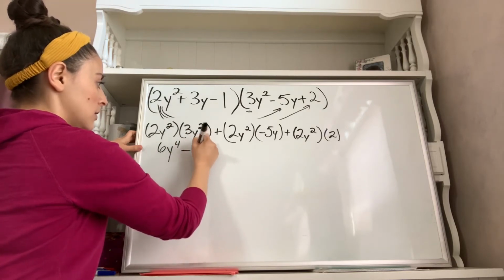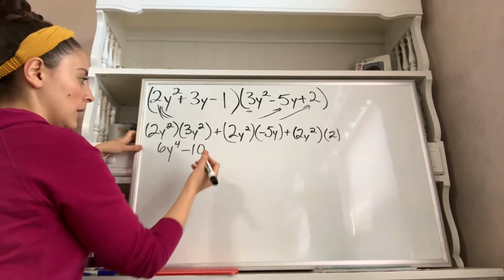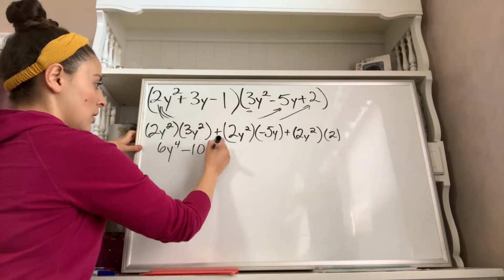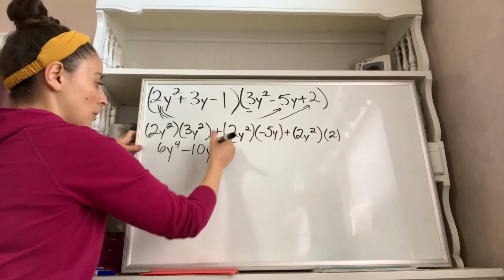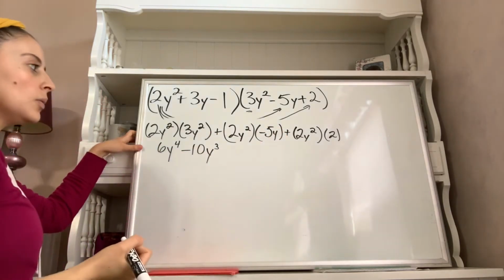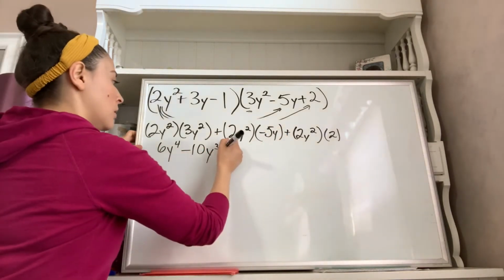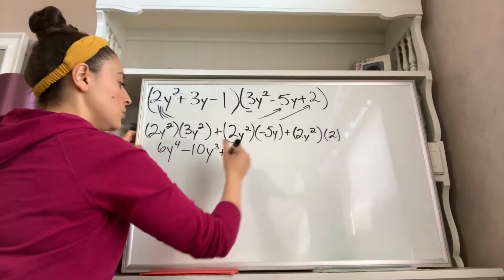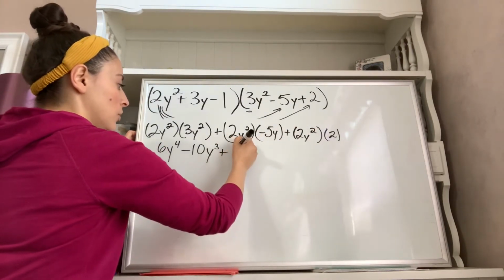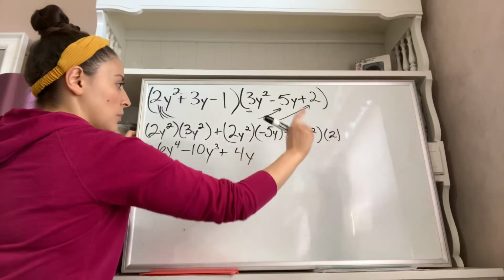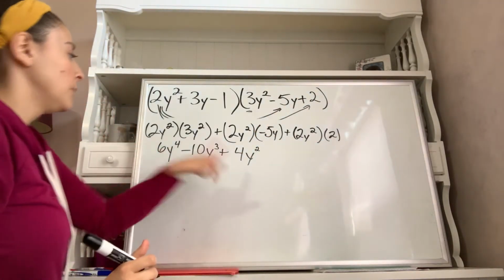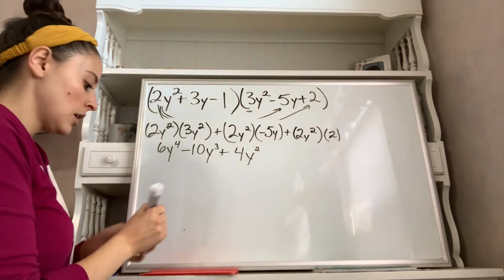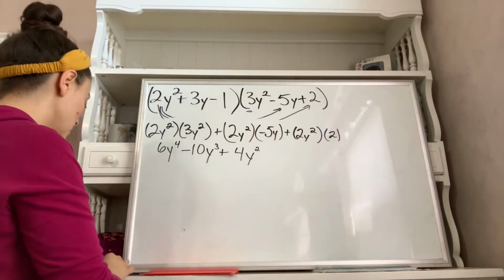So minus 10, 2 times negative 5 is going to be a minus 10y squared times y to the 1, means we add those and we get our y cubed, okay? Plus 2y squared times 2, which just means we end up with 2 times 2, or 4 times y squared. Okay, so that's our first distribution problem.